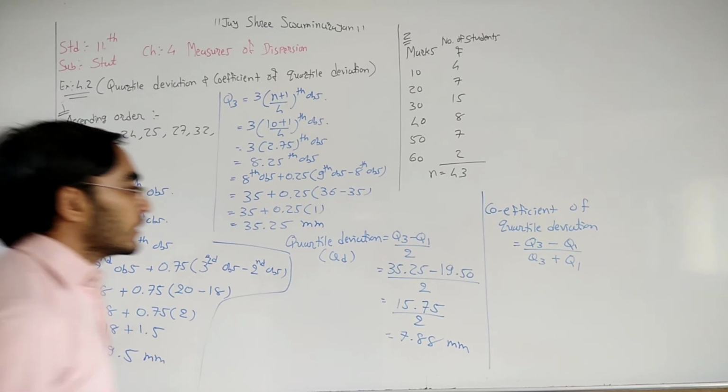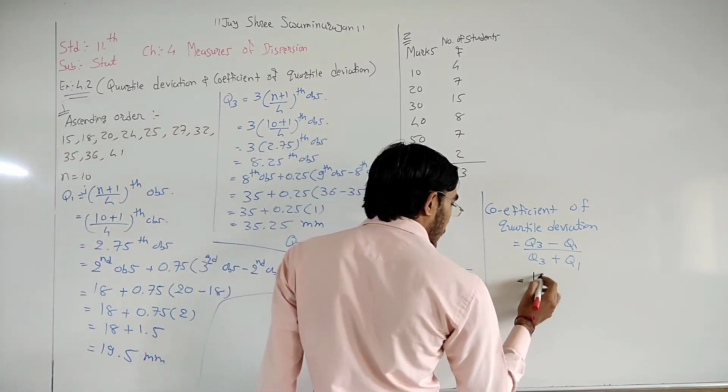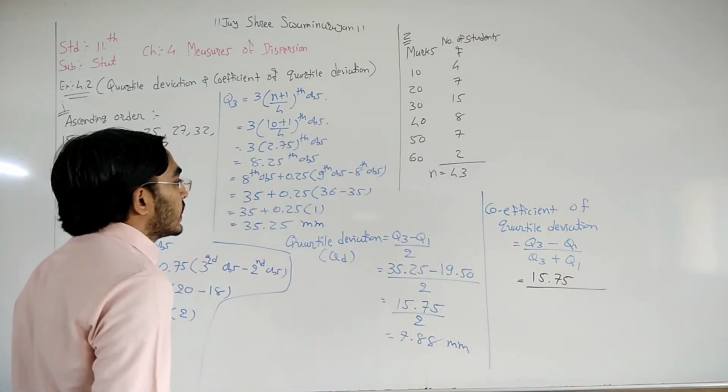Now put the value here. Q3 minus Q1, that we already know, 15.75. In the denominator we need to write the addition.